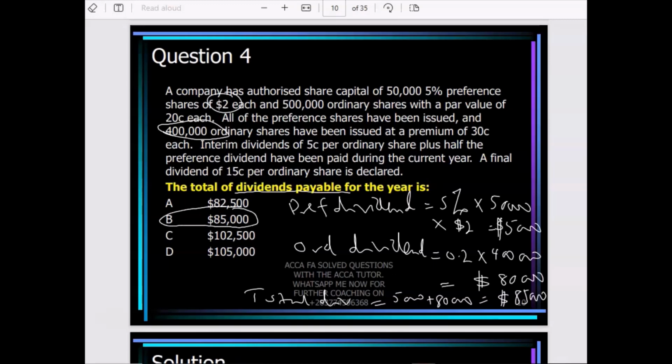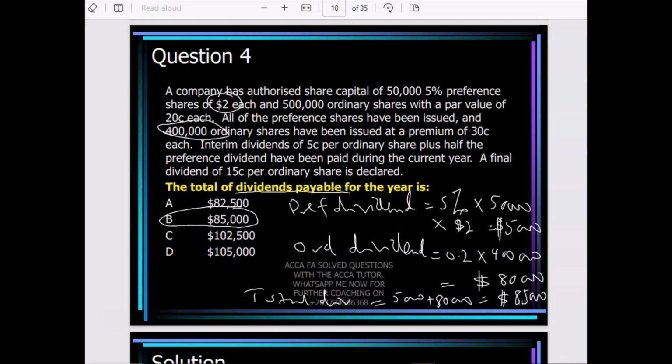Somebody might be worried and say, so what was the purpose of telling us that the ordinary shares had been issued at a premium of 30 cents, and telling us about the interim dividend, this and that? Now, the examiner is going to give us a lot of figures in these questions to confuse us.